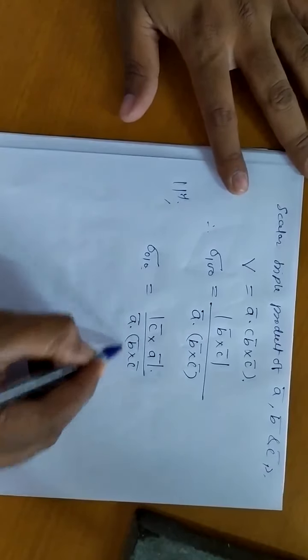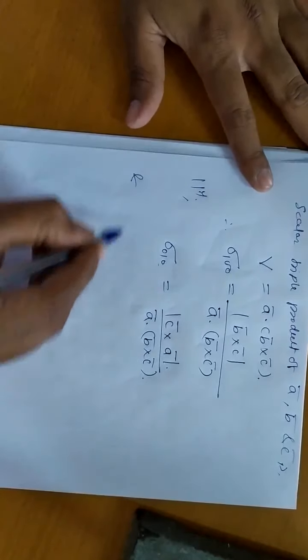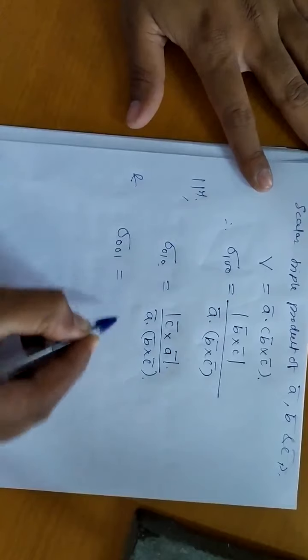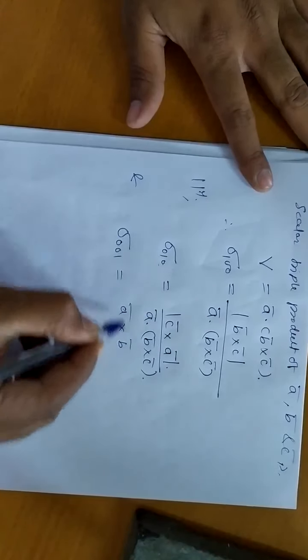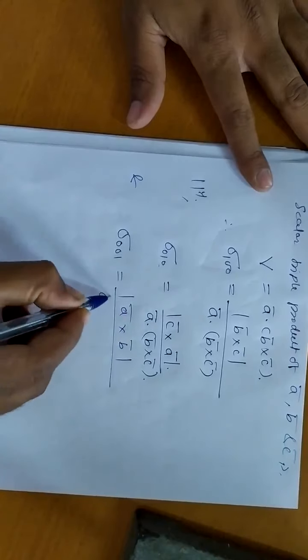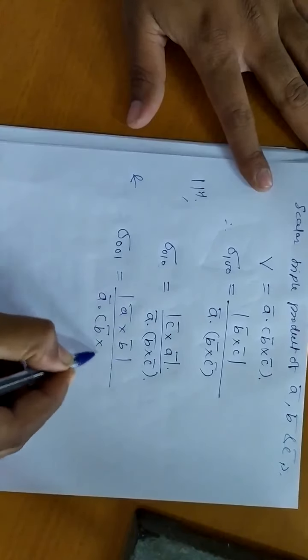And sigma_001 must be equal to a cross b upon a dot b cross c.